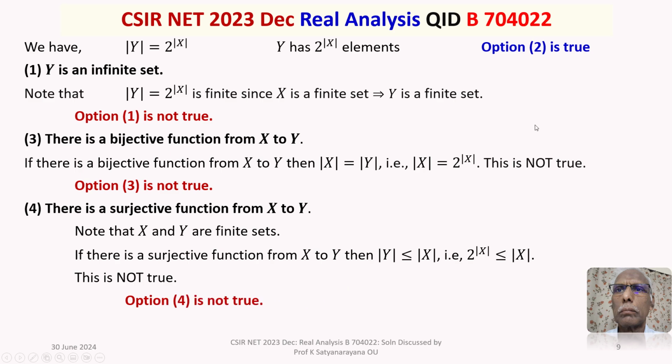Thus, what we have proved earlier is that option 2 is true. Therefore, I summarize and say the answer to this question is option 2. And that is the detailed discussion of the solution of this problem, and it is definitely a difficult problem in the examination hall.